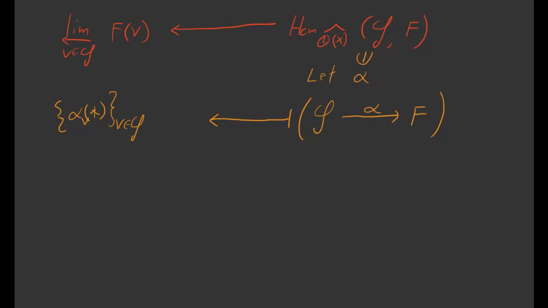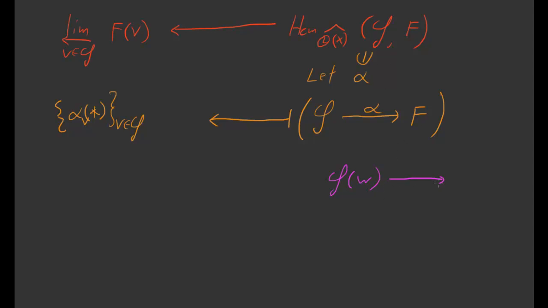So remember, alpha is a collection of maps from S of w into, well, I guess I shouldn't be using the letter u because we've already used it when talking about the covering sieve itself.